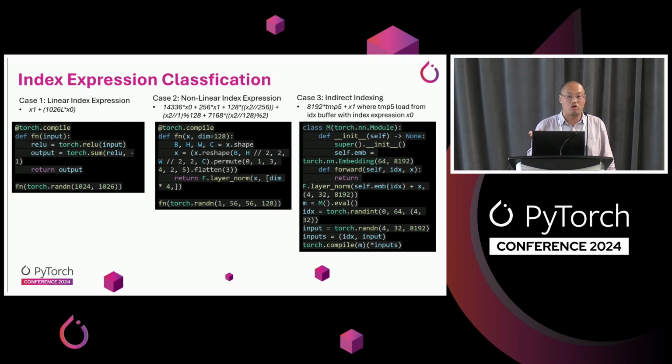The expression could also be nonlinear, including floor div and modular indexing, like the second case shows. And the expression can also involve variables loaded from other buffers. We call it indirect indexing, like the third case shows.